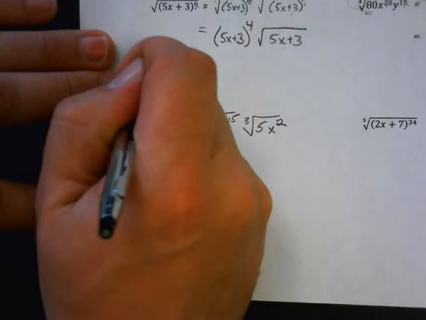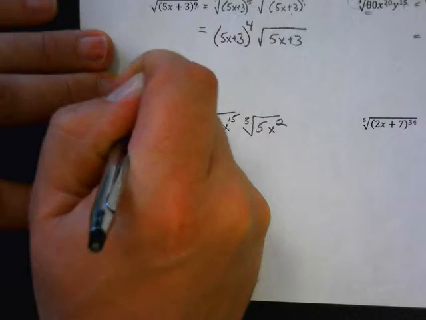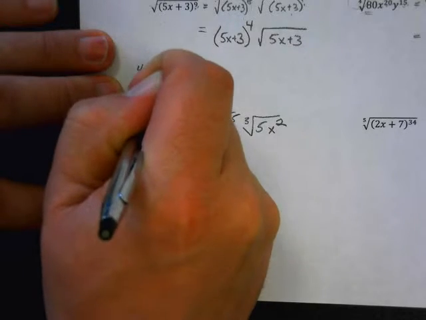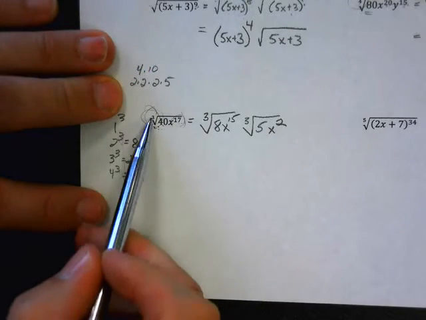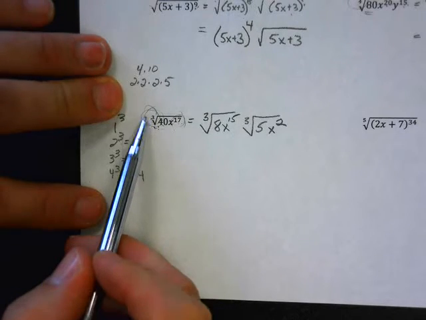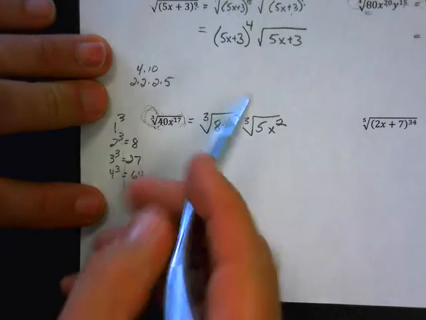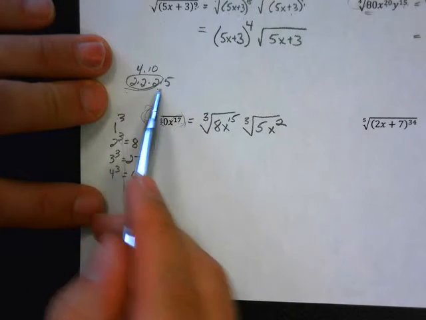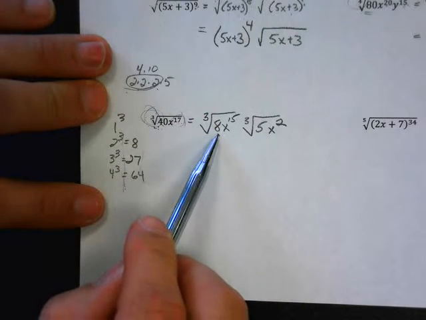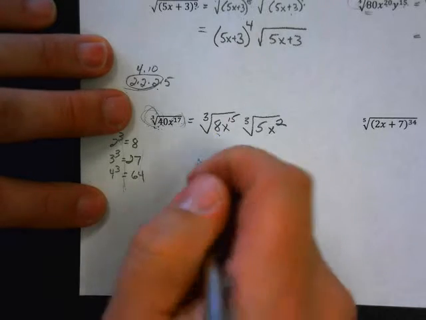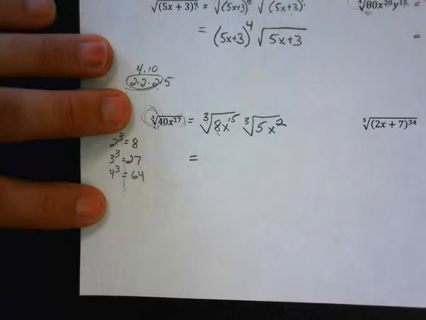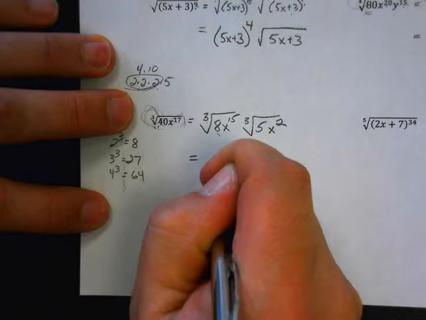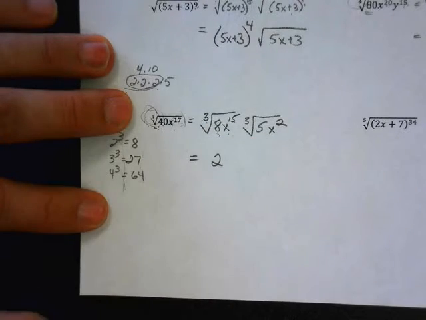Now, if you wanted to, you could use 4 and 10, which is 2 times 2 times 2 times 5. What are we grouping by? For a cube root, you're grouping by what? 3's. So there's our 3 2's. 2 times 2 times 2 is 8. What's the cube root of 8? 2. The cube root of x to the 15th?